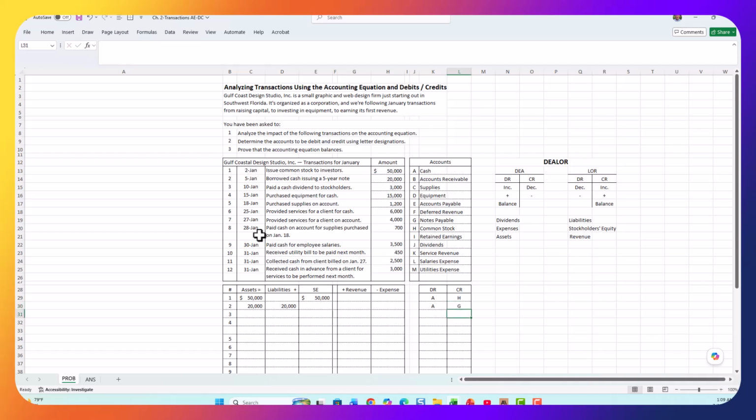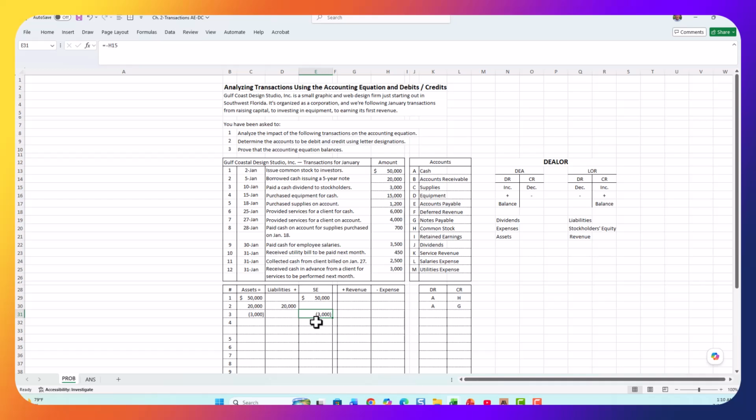January 10th, paid a cash dividend of $3,000 to stockholders. Cash decreases, which is an asset, and stockholders' equity decreases through dividends. Dividends reduce stockholders' equity, but the account itself is increased with a debit.